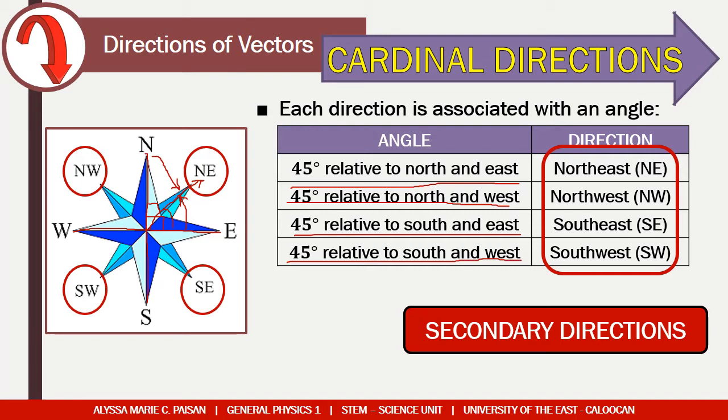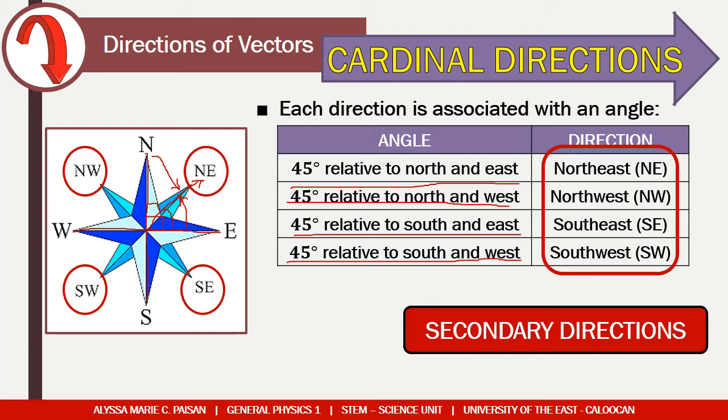Look at the drawing. Pardon me, I'm using a mouse that is not making a very good line. Ayan, the red line. Okay? So we have here the red line. When we say relative, it means that you measure from that direction.